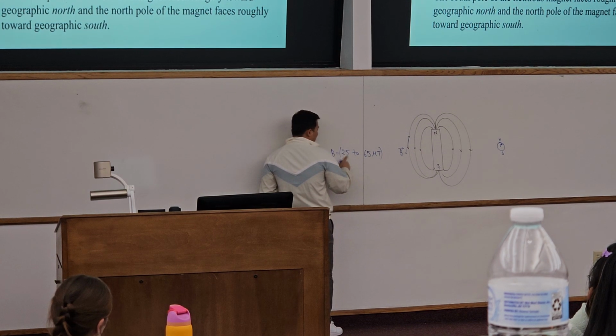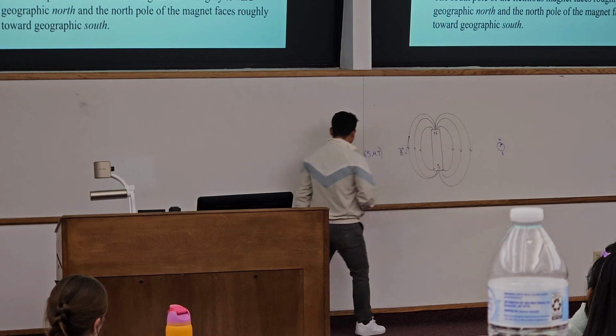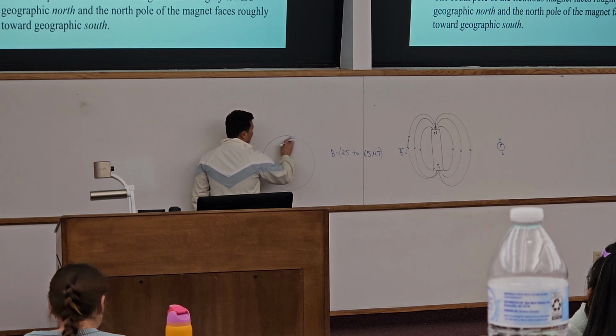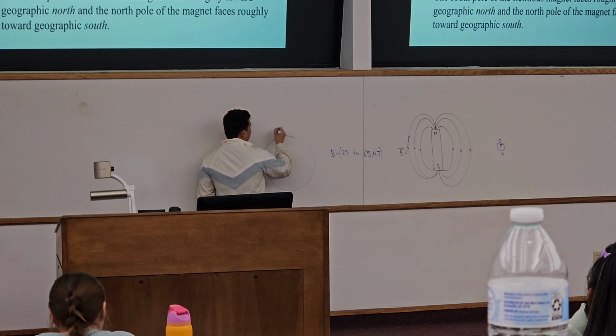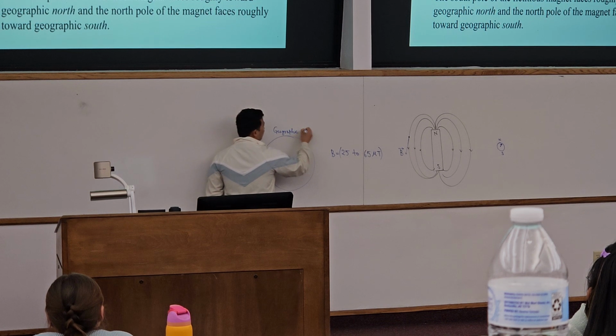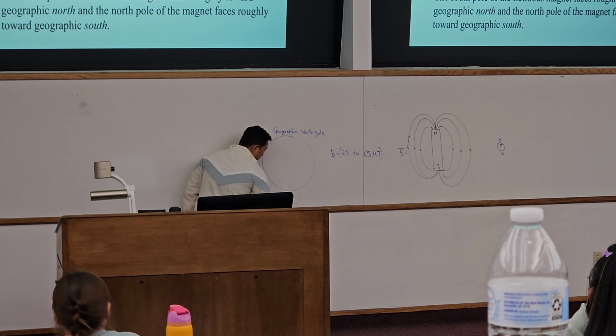In the polar region you have a big field, but if you go to the equatorial surface, you have a small value. Here is the geographic North Pole, and over here you have the geographic South Pole.